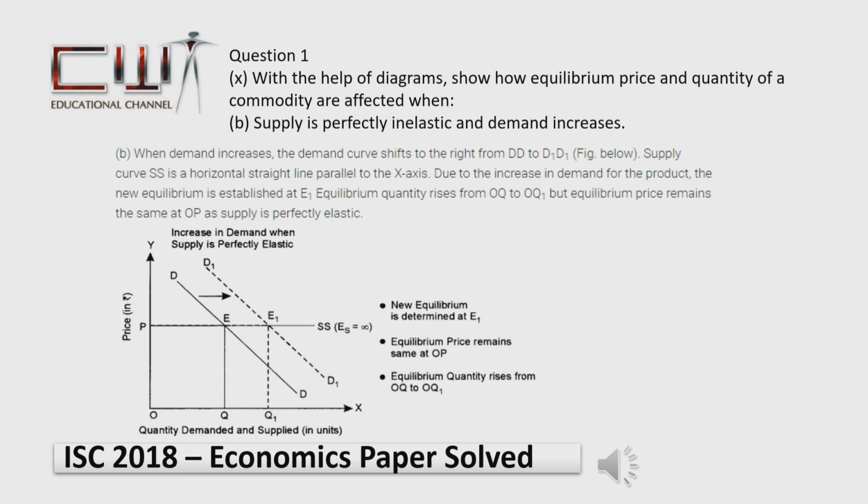Supply curve SS is a vertical straight line parallel to the y-axis. Due to increase in demand for the product, the new equilibrium is established at E1. Equilibrium quantity rises from OQ to OQ1, but equilibrium price remains the same as OP.